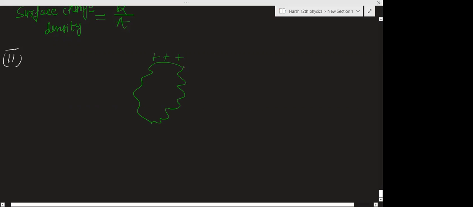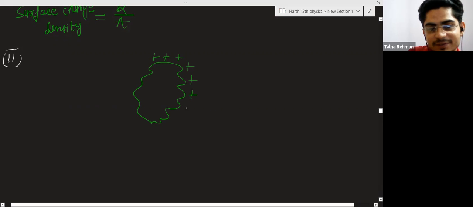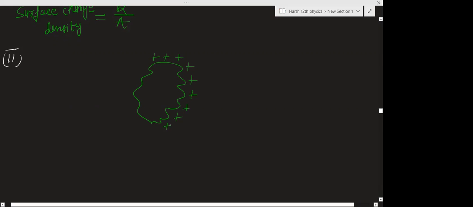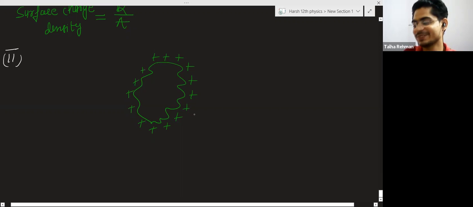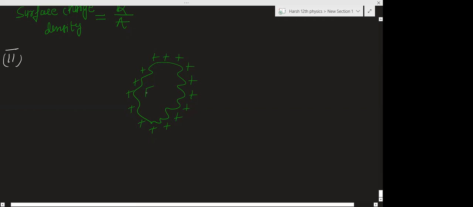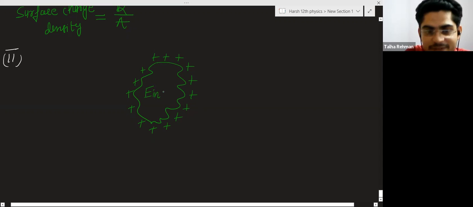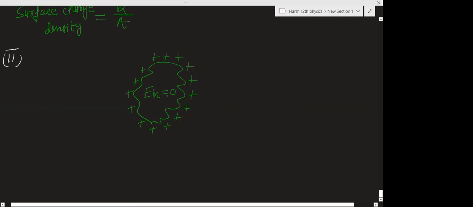Electric field inside the conductor is 0, because there's no charge present. I thought you were asking the direction. Direction is perpendicular, right? Yeah, we will have that point also. Okay, no problem.